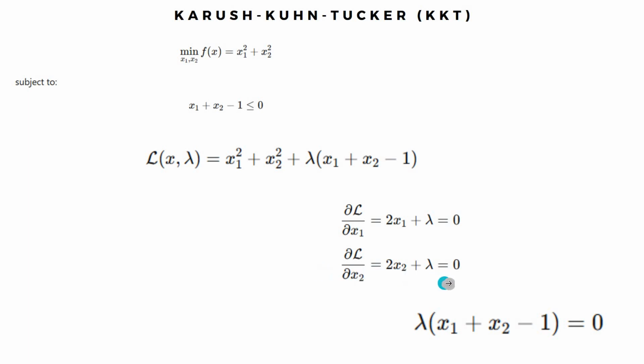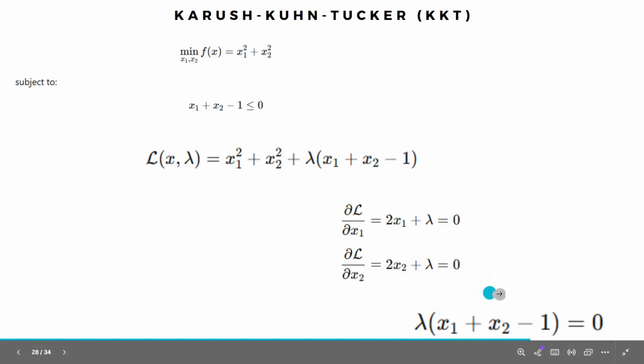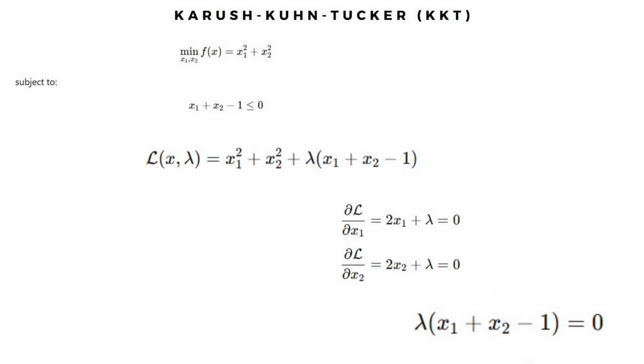And step 3 is the complementary slackness condition, and it's written like that. You can see lambda times the quantity x sub 1 plus x sub 2 minus 1 equals 0. And what this means is that if the constraint x1 plus x2 minus 1 is strictly less than 0, then lambda must be 0.